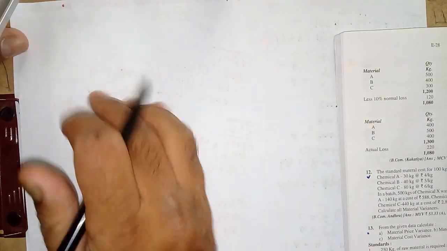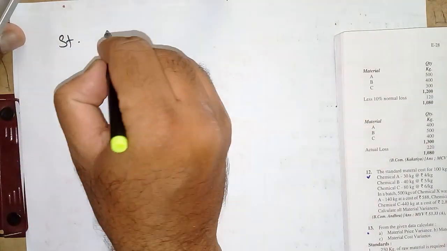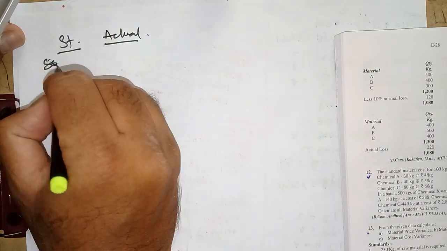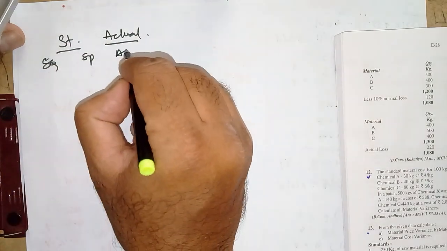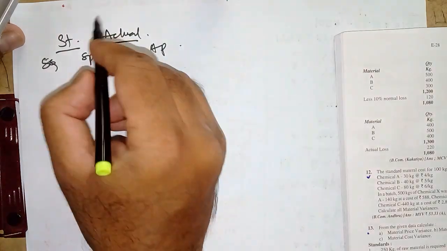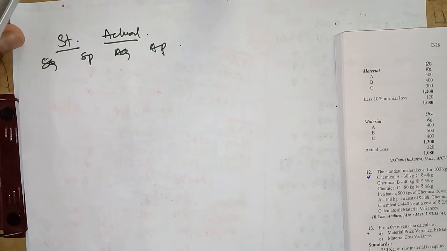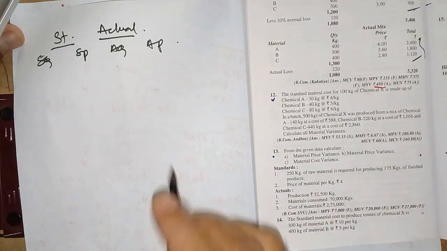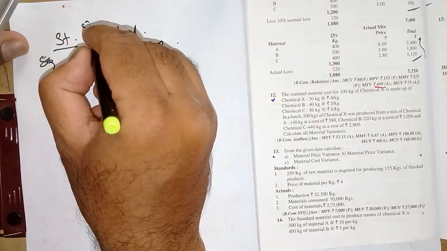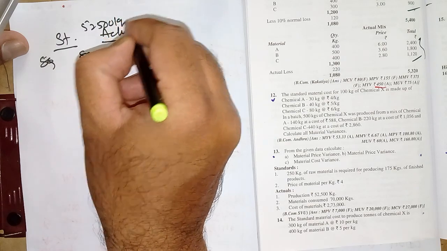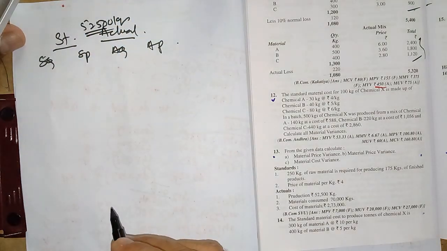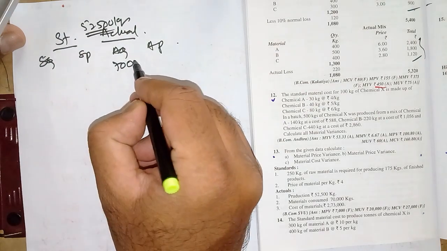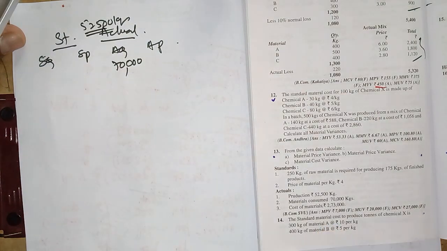So our table we need to prepare: standard, actual, SQ, SP, AQ, AP. So we are doing this for 52,500 kgs, this comparison, right? So actual is how much? 70,000 kgs of raw material we have consumed, right?